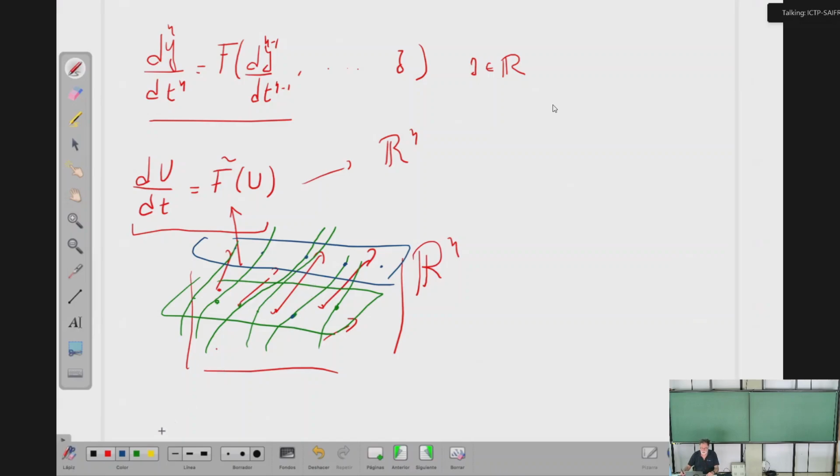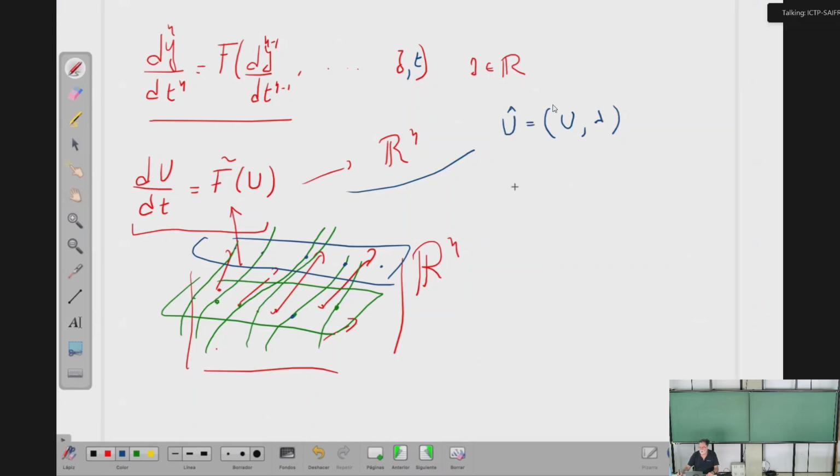Now, what happens if we add the time here? Well, what we can do is take this system and define a new u hat, which is a vector that has the vector u and has t, or let me call it lambda.